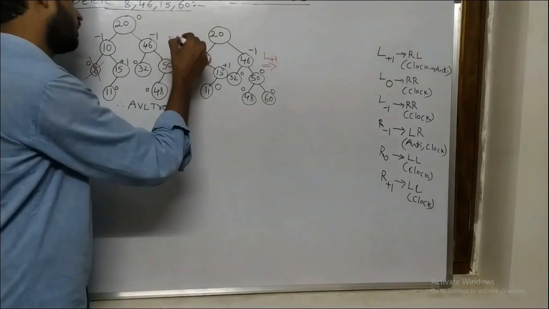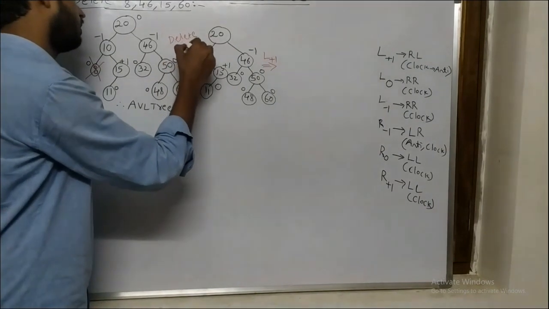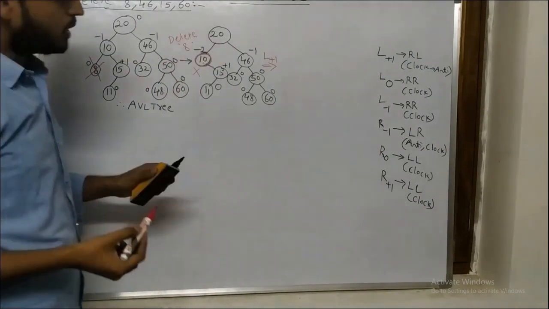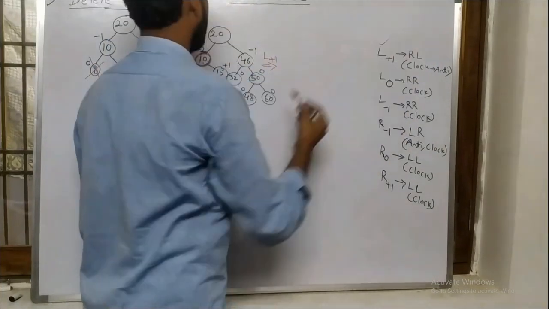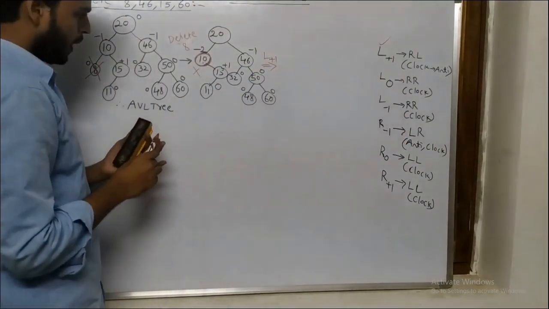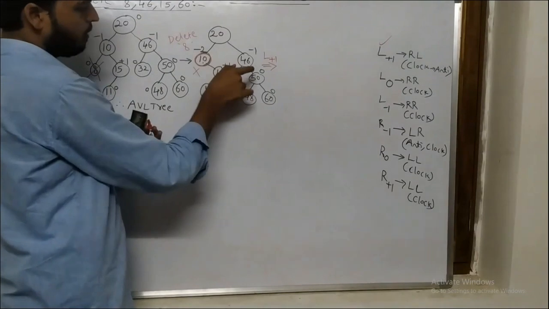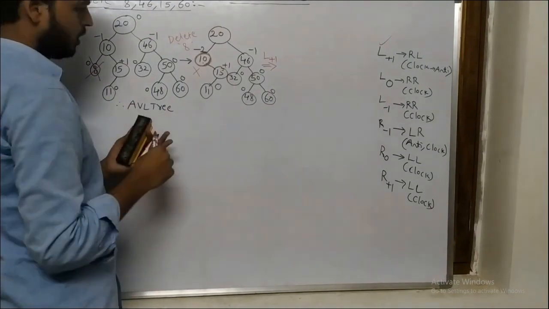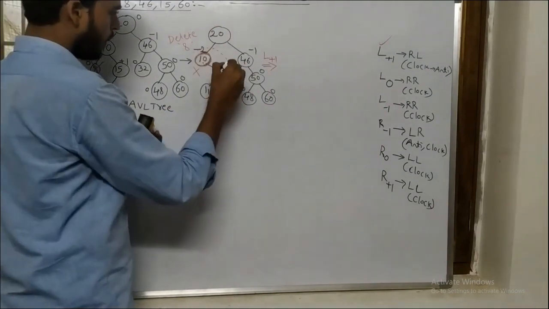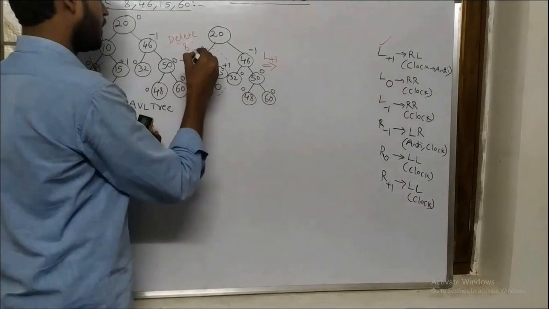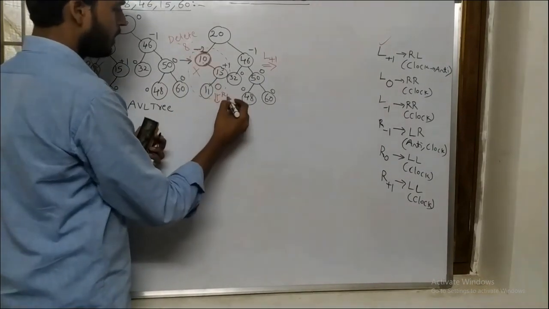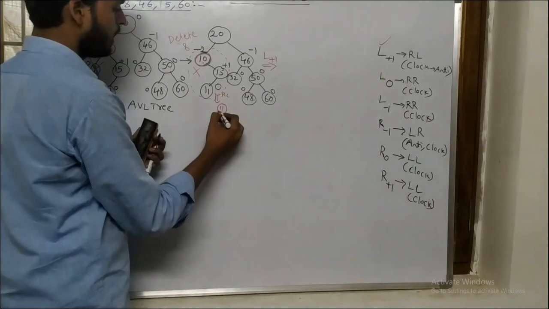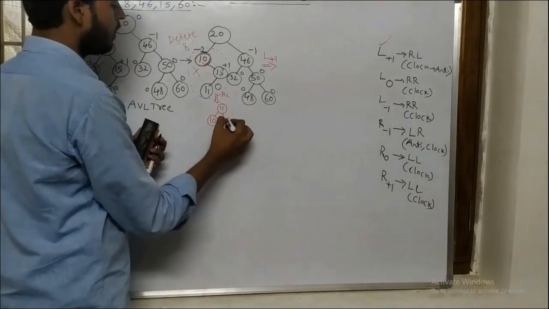So this is for deletion of 8. What is L plus 1 notation? L plus 1 notation is RL. RL means you need to make first clockwise, then anti-clockwise. So for this subpart, I'm writing. If I make RL notation, my subpart will look like 11, 10, and 15.